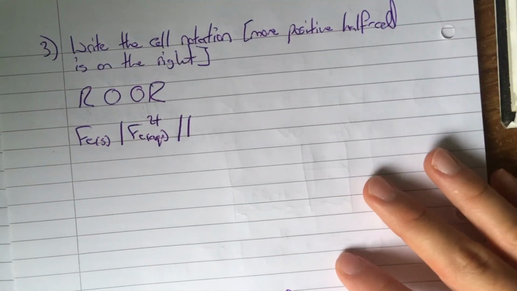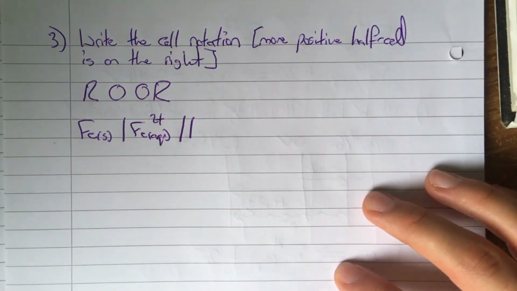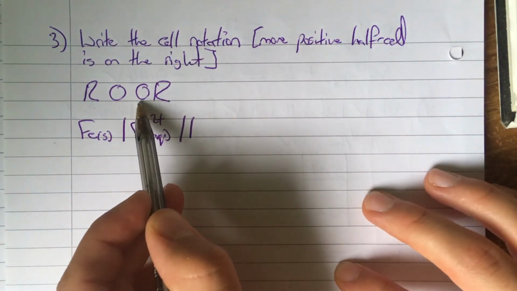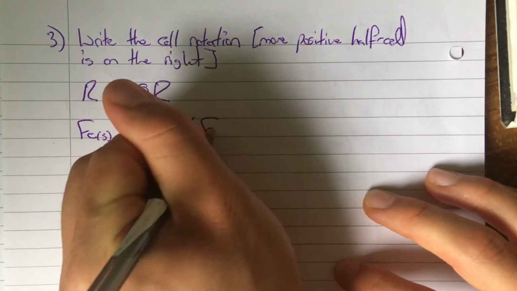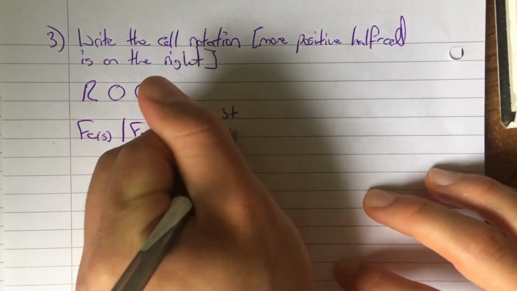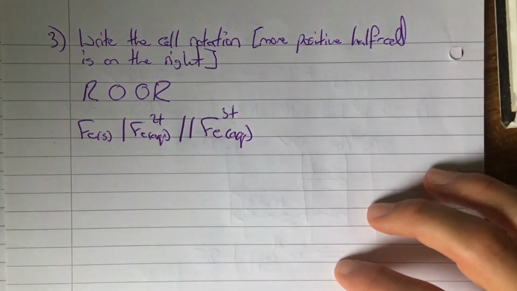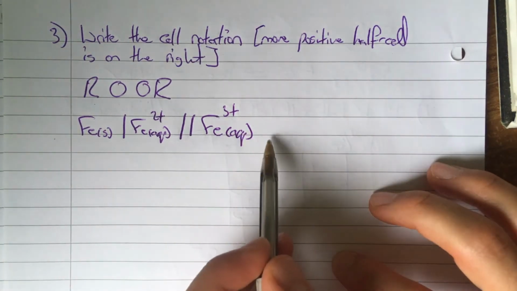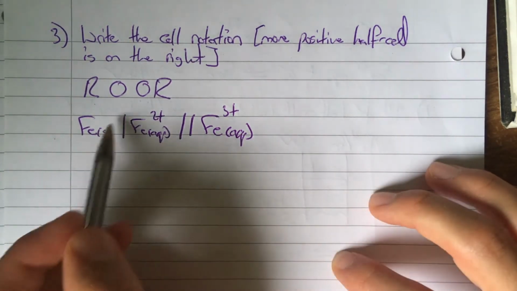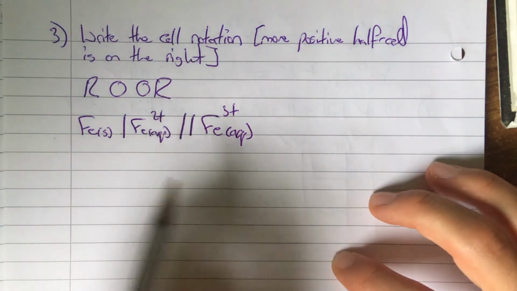Iron 3+ is the more oxidized species. It's got a higher oxidation state. So I need to put iron 3+ (aq) next to the salt bridge. Now I've got iron 2+ as well in here, but that's in solution as well. So I'm not going to draw a line because that indicates a phase boundary.